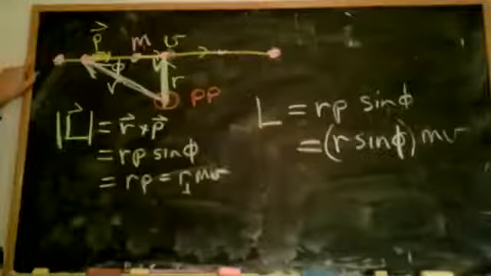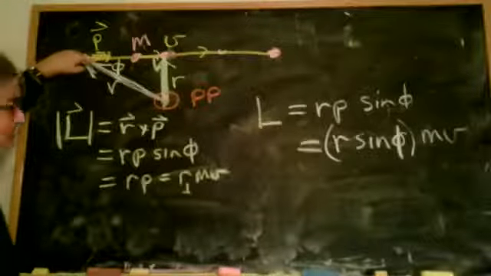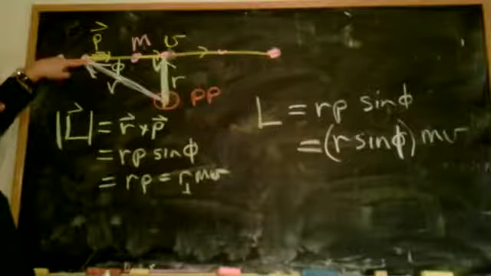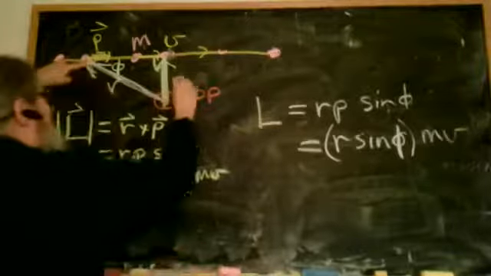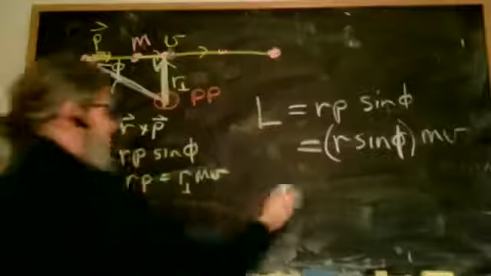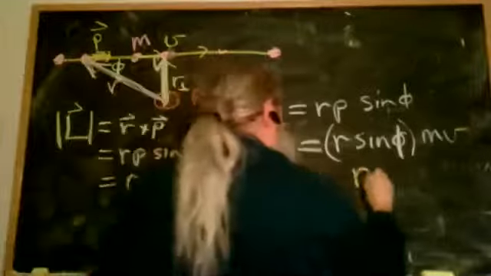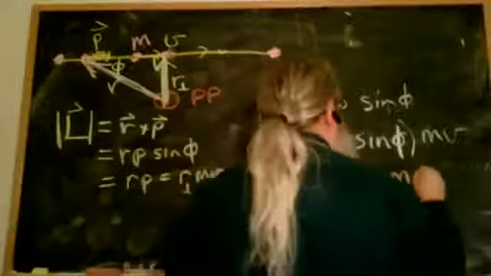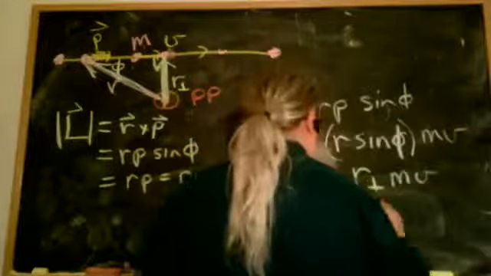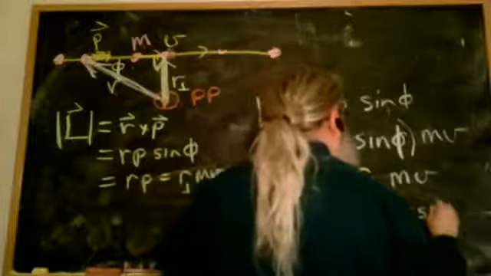If I use the trigonometry of this triangle, then this thing, which I called r perp, is r sine phi. So that's equal to r perp times mv, where r perp is defined as r times sine of phi, anywhere on the path.